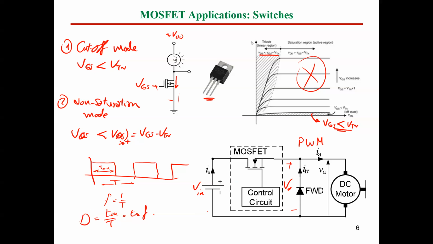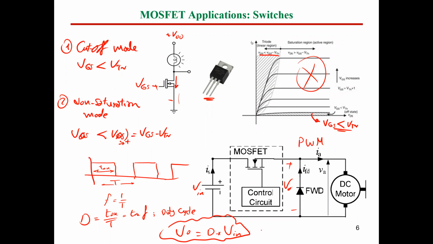So we can say here V out equals D, which is the duty cycle, times the value of the input supply, which is Vin. We can assume that the voltage drop across the MOSFET is very small for high power applications. So this is the ideal relation for the circuit here.